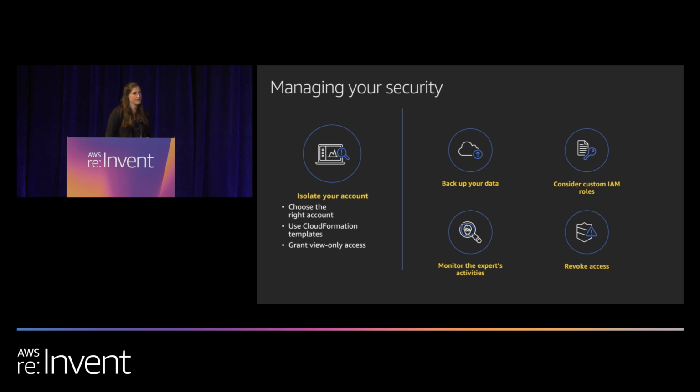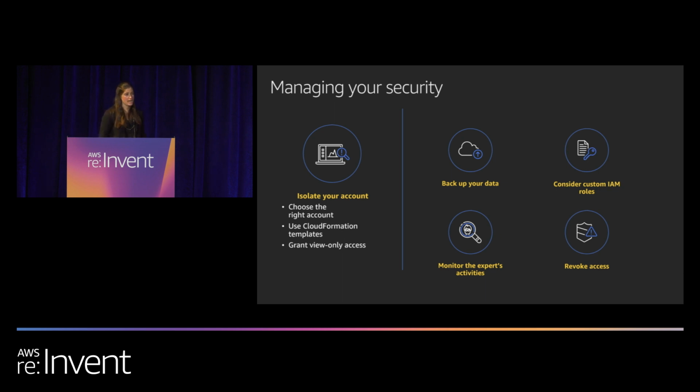You can also consider using CloudFormation templates. This allows you to get work done in one account and deploy it to your main account without granting access to that business-critical data. And finally, you can consider granting view-only access to allow an expert to see what's going on in your account, but not make changes.